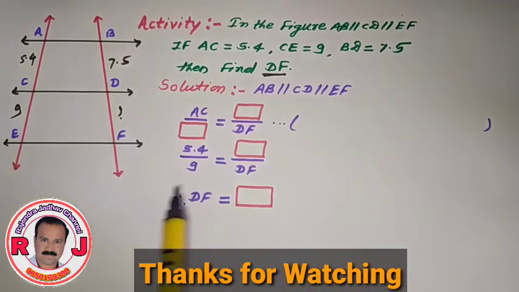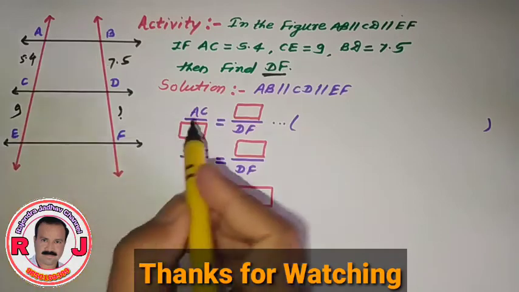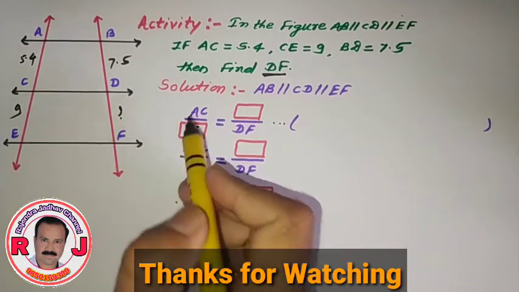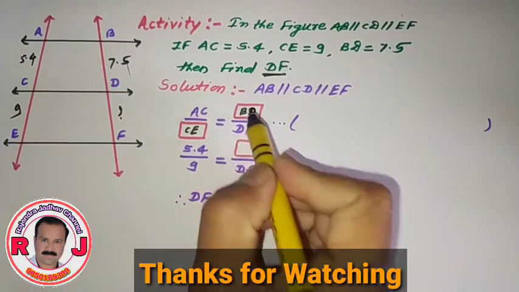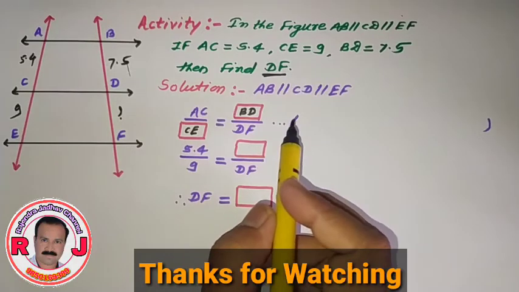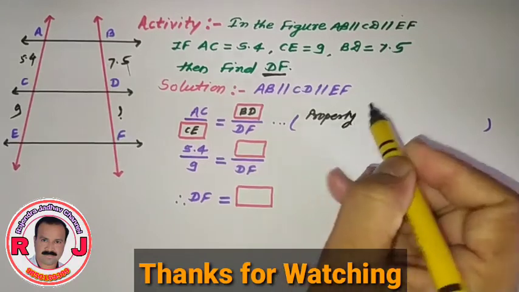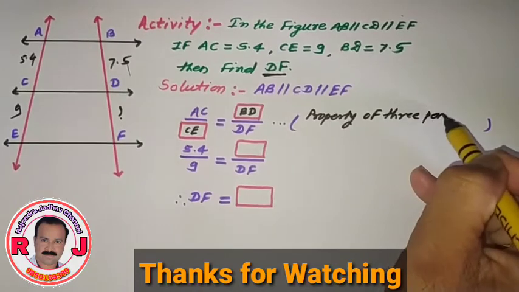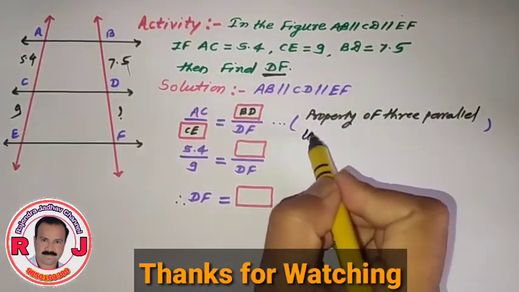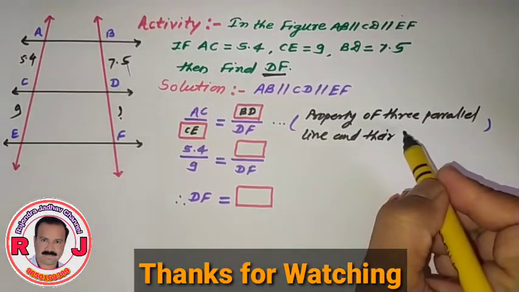This is the property of three parallel lines and their transversals. Here AC upon CE, and for the second transversal, BD upon DF. Write down the reason: property of three parallel lines and their transversals.